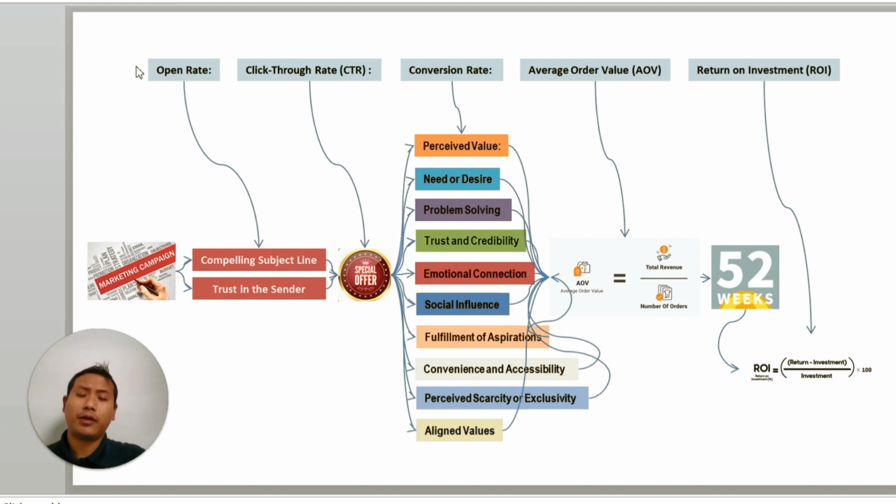Now in terms of email, the open rate is mostly because of two reasons. The first one is a compelling subject line. That's the first impression you build with the reader, the receiver, whoever you send it to. The second one is trust in the sender.